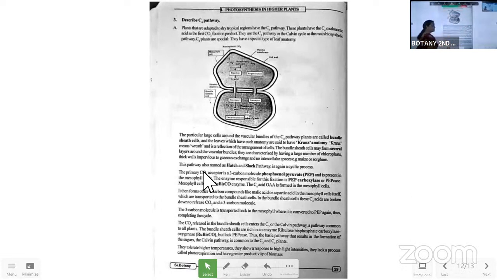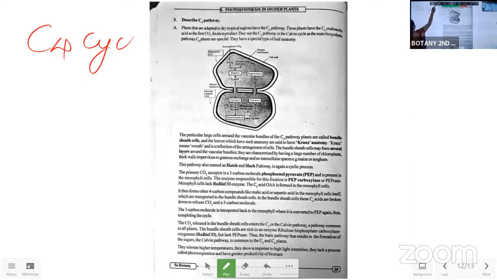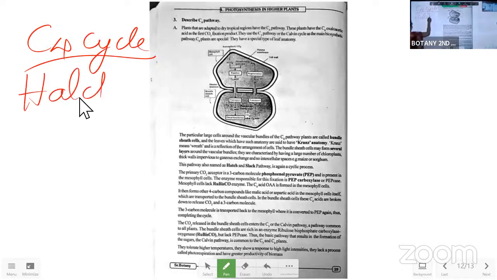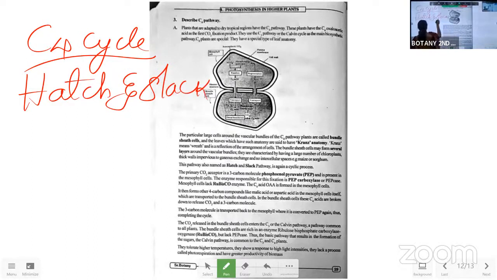So what is the C4 pathway and how to write the answer for this question? The C4 pathway is actually a C4 cycle. The C4 cycle is also called the Hatch and Slack cycle.